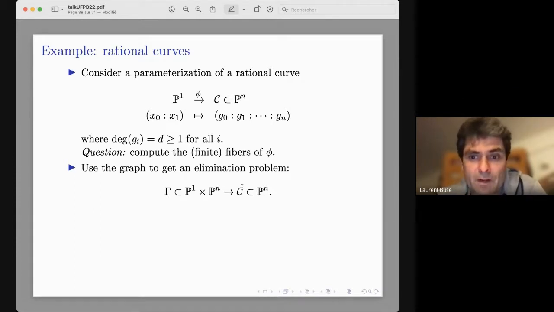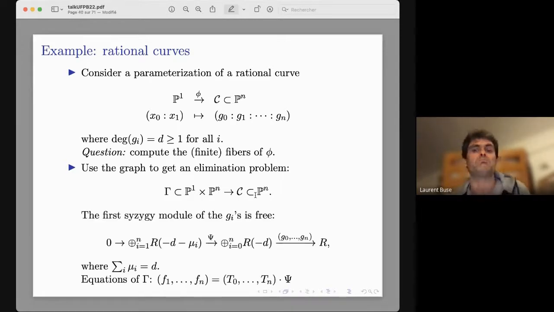So through the graph, what you did is that you transfer this image problem into an elimination problem, because gamma lives in P1 cross Pn, and it maps to C just by elimination of x0, x1. You eliminate P1, so you just eliminate x0, x1. So you see here that we transfer the problem of analyzing the image of a map to a problem of elimination of variables. And so to be able to do elimination, we need to know the equation of the graph.